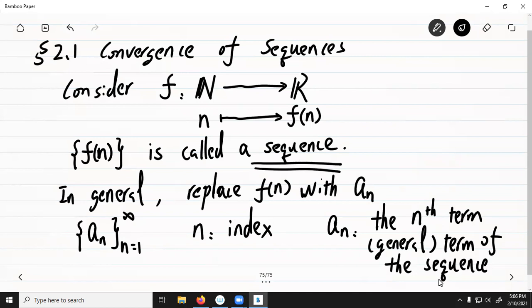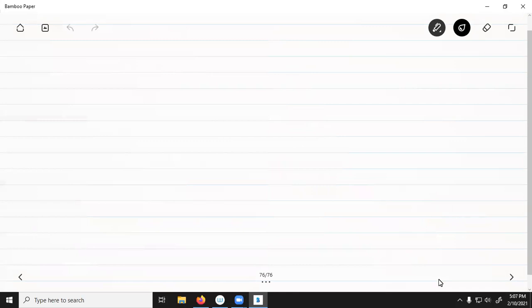So now let's look at an example. This is a sequence of 1 over n, from 1 to infinity.